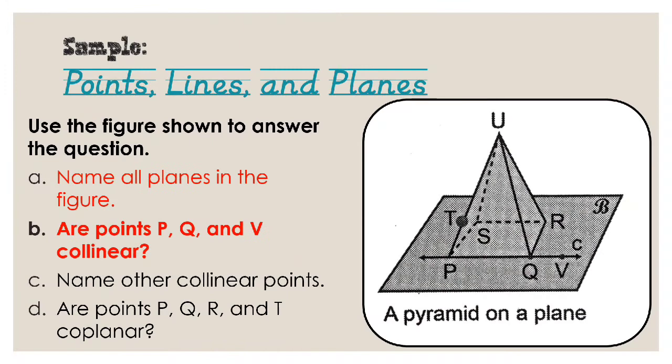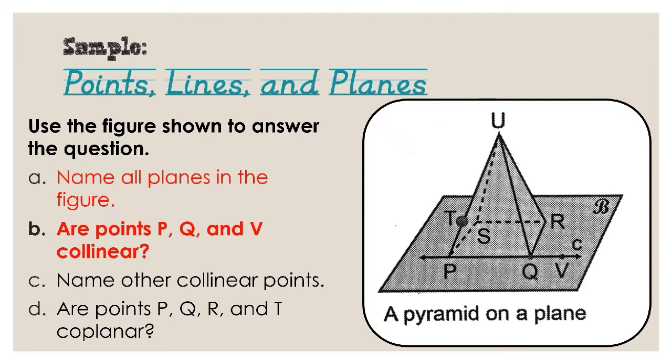Now let us proceed with task B, which is a question: are points P, Q, and V collinear? So again, what is a collinear point? Yes, they are points that lie on the same line. So in the figure, where are P, Q, and V?